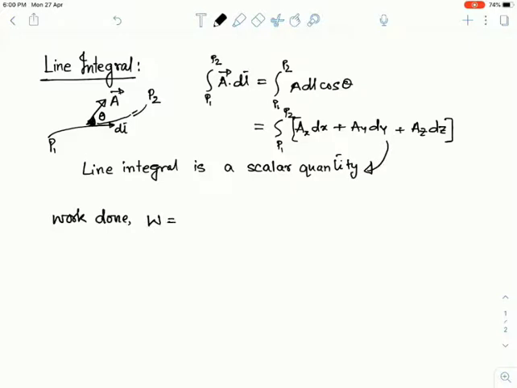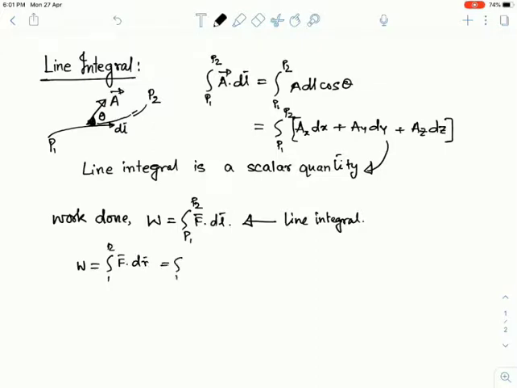The work done W by a variable force F in moving an object from P1 to P2 is defined as W equals integration P1 to P2 of F dot dl. It's an example of line integral.